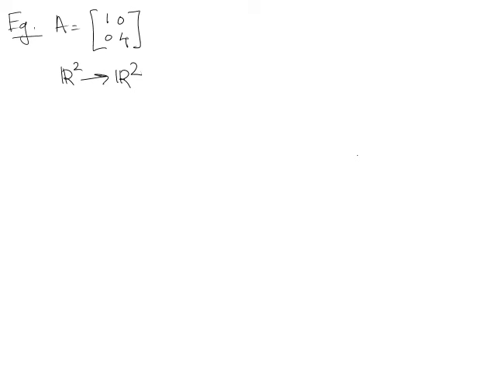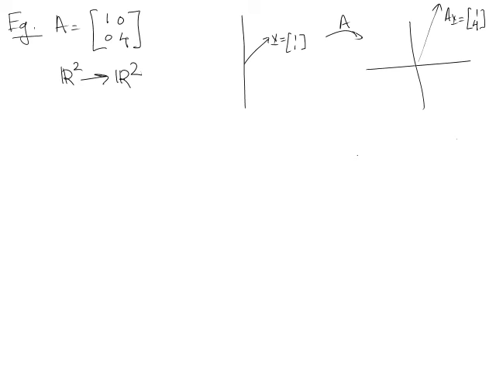It multiplies the x coordinate by 1 and the y coordinate by 4. So as I said, in general, if you plug in some vector, like let's say x equals (1, 1), and hit it with A, you'll get some vector, in this case (1, 4), which doesn't point in the same direction as x. It's not a scalar multiple of x.